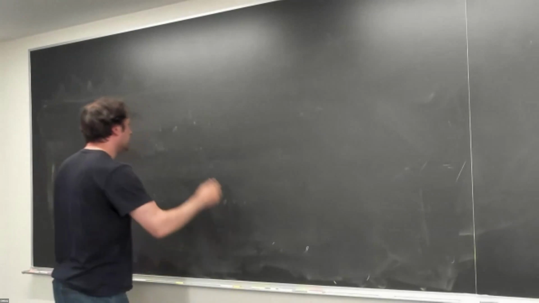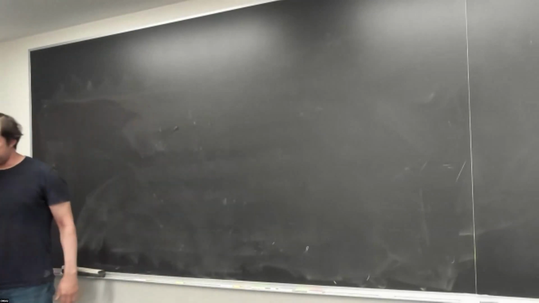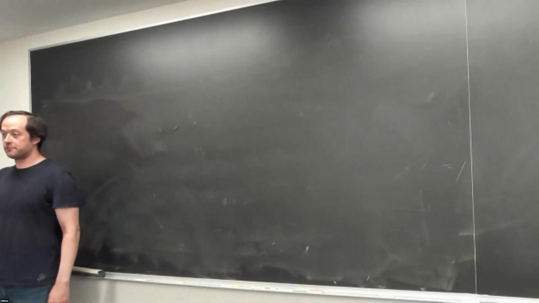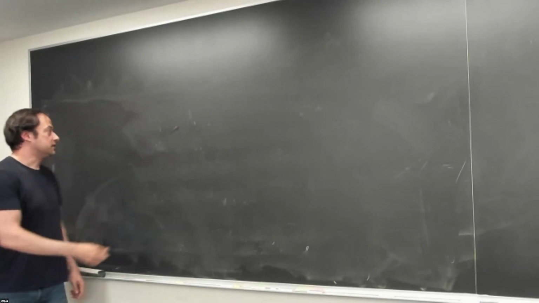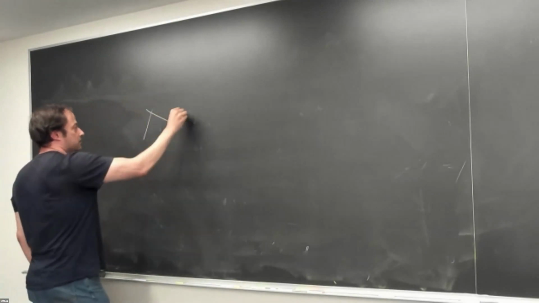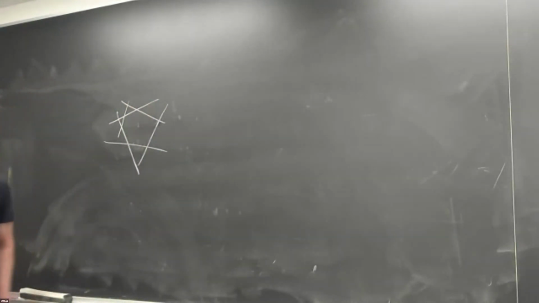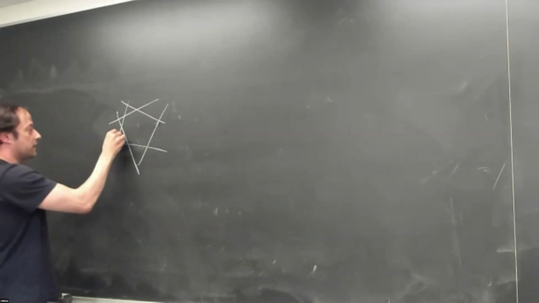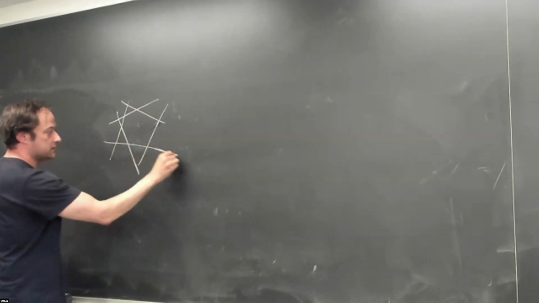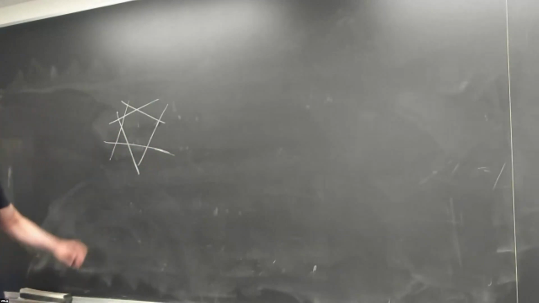So the question is, if you have a sign pattern of Plücker coordinates which is realizable, which I'll represent as some configuration of lines, I'm going to get the canonical form of the region in the Grassmannian described by this configuration of lines. So how to do that?